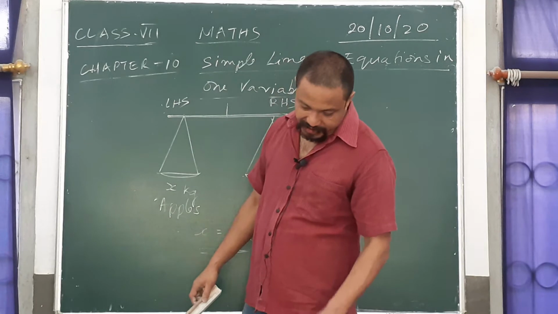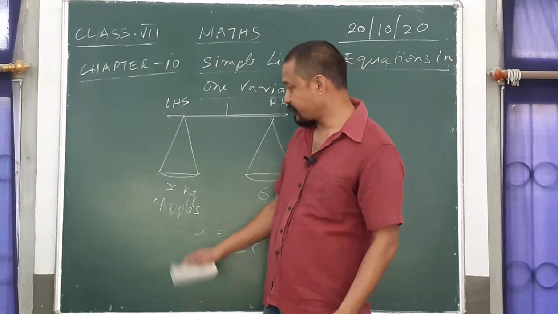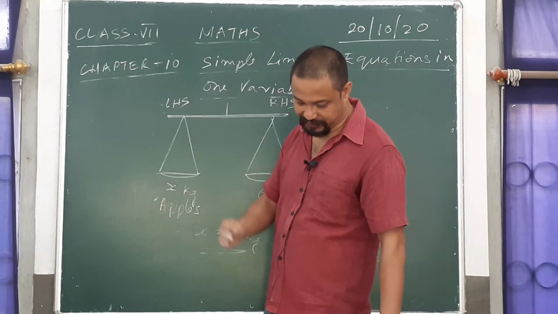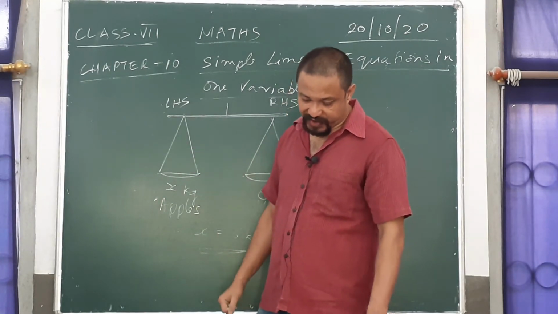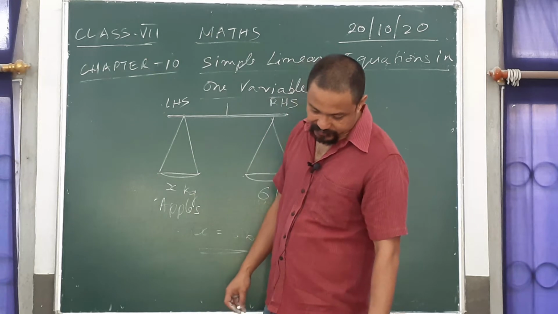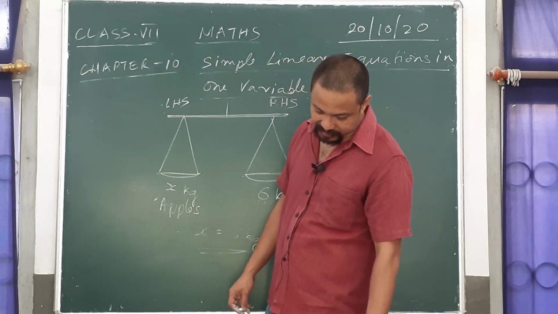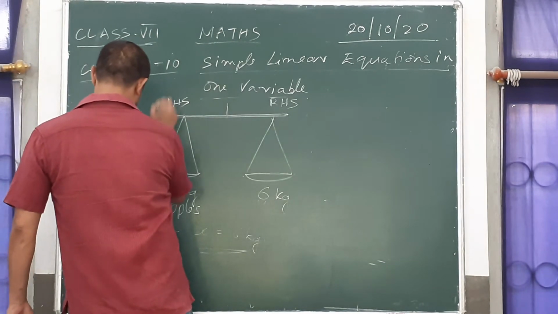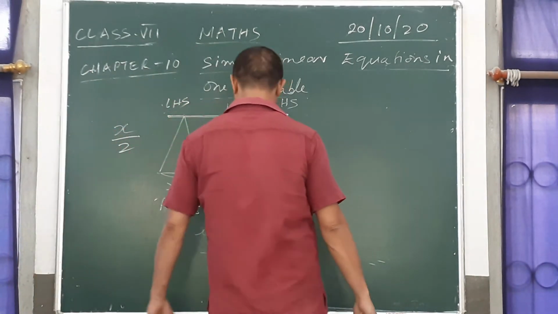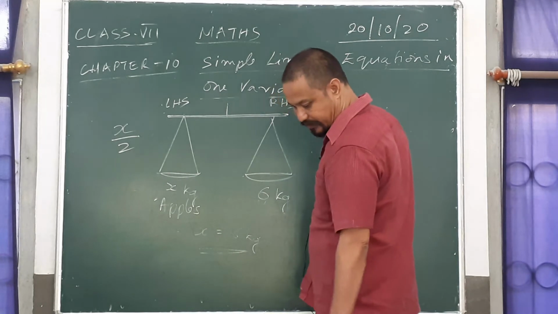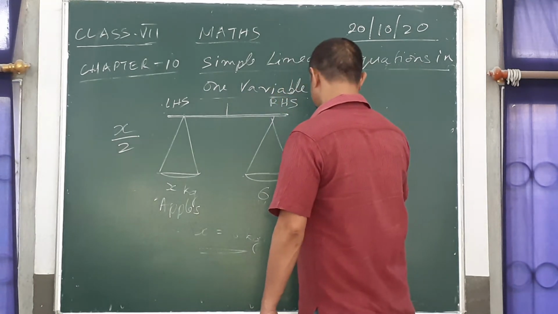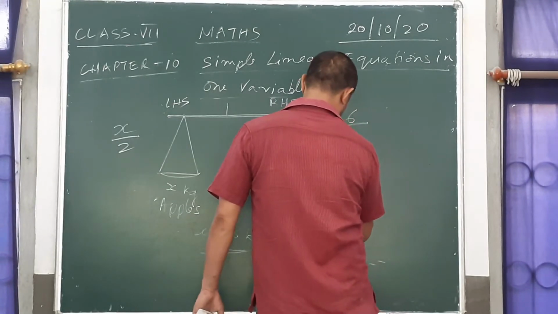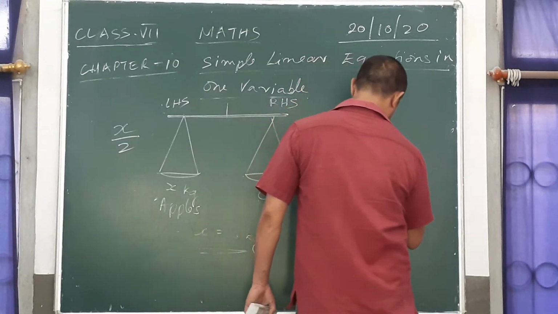Okay, now let's go to the last part. It says if we halve the quantity of apples, that means whatever x kgs of apples, if we make it into half, remove 50%, we will have to halve the weight also to keep the balance in the horizontal position. Okay, so x divided by 2, that means halving it. So we come to the equation x divided by 2 equals 6 by 2.